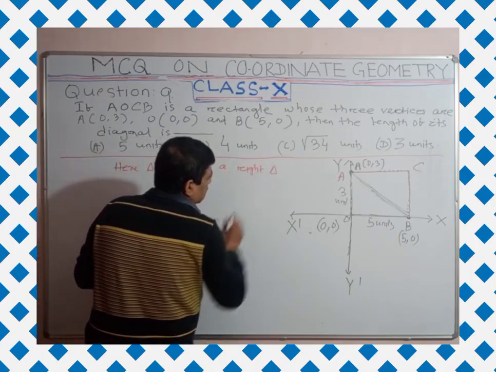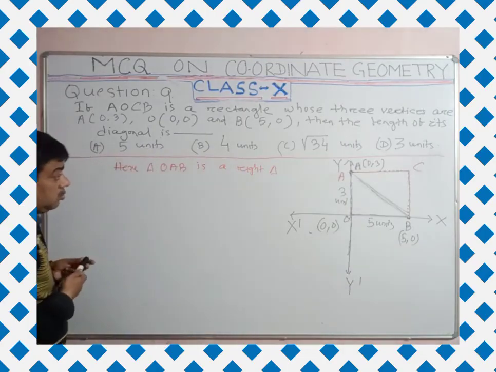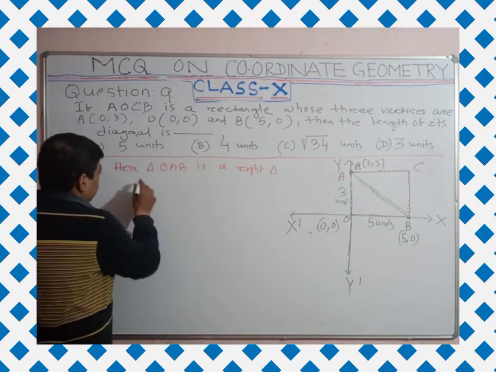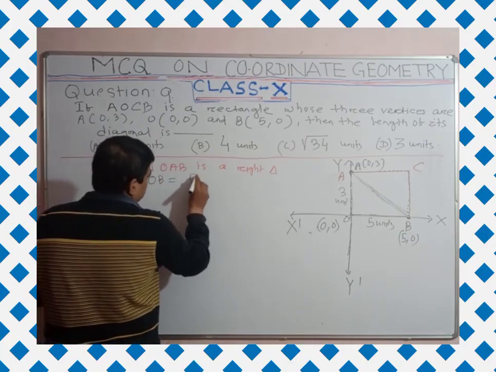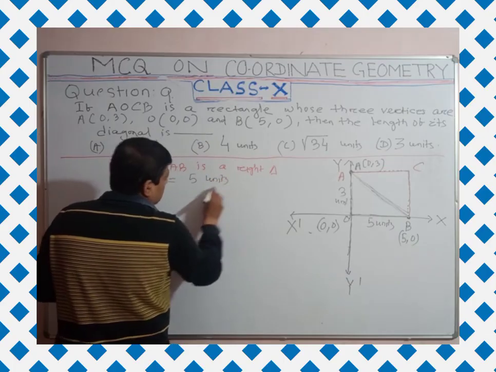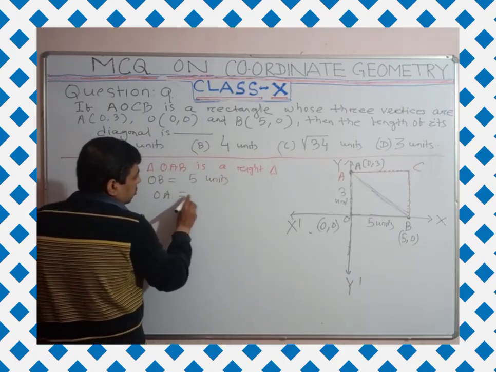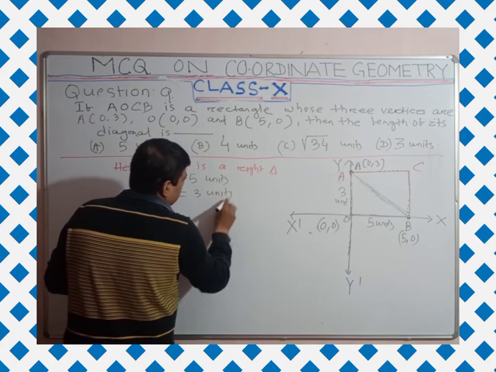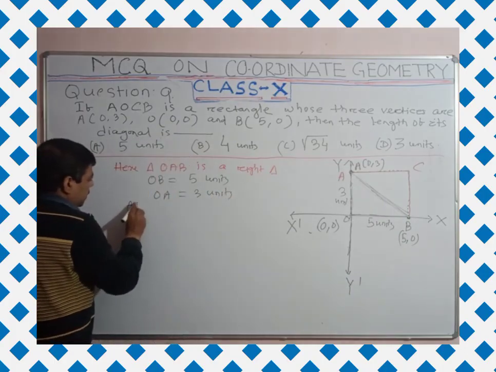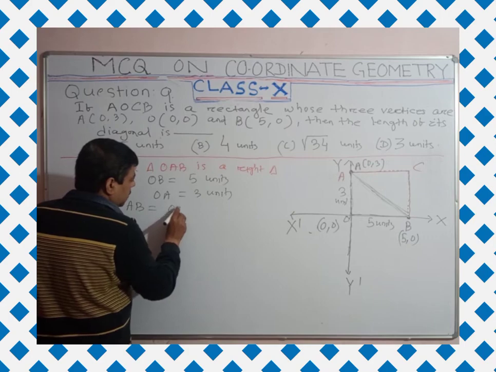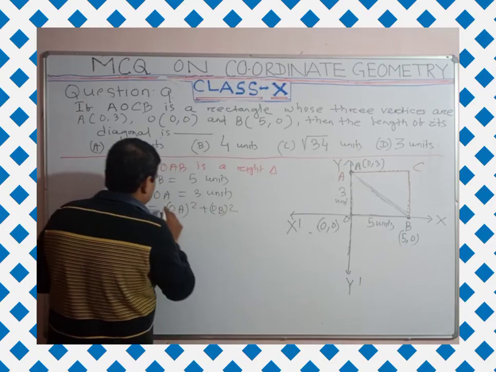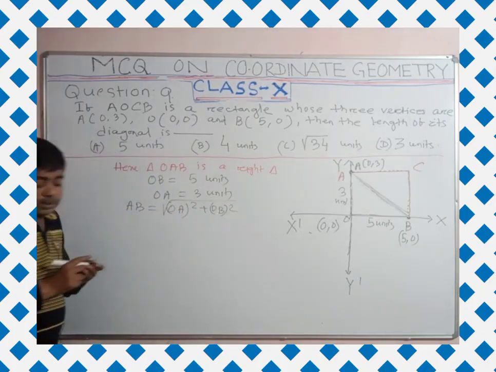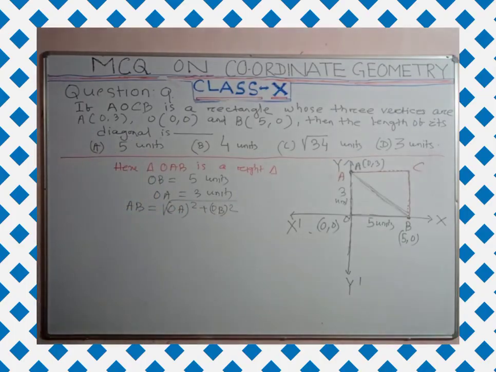Yes or no? So can you use the formula? Here OB is given as 5 units, and OA is given as 3 units. According to the Pythagoras theorem, AB is equal to the square root of OA square plus OB square.